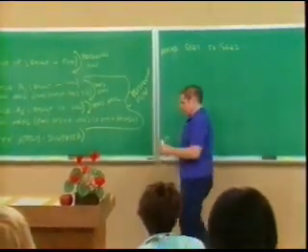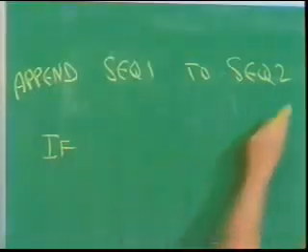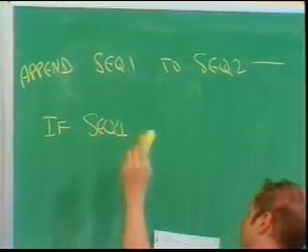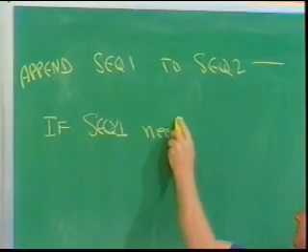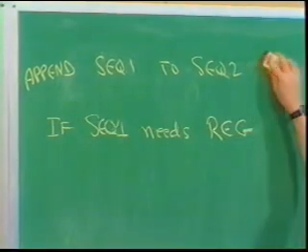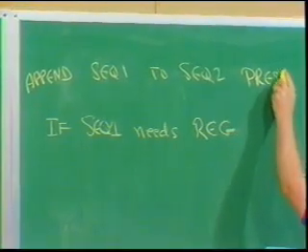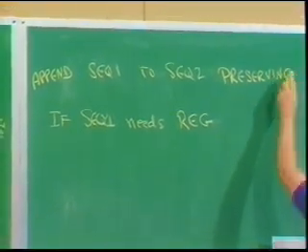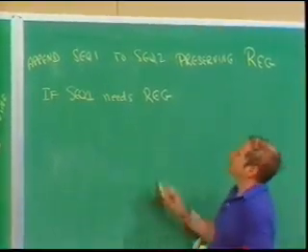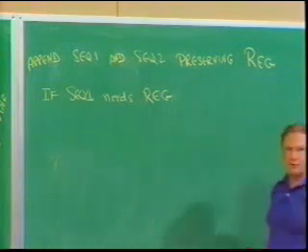So the actual append operation looks like this. Here's what it means to append two code sequences. If sequence 1 needs a register, I should change this: append sequence 1 and sequence 2, preserving some register. Let me say "and," so it's clear that sequence 1 comes first.